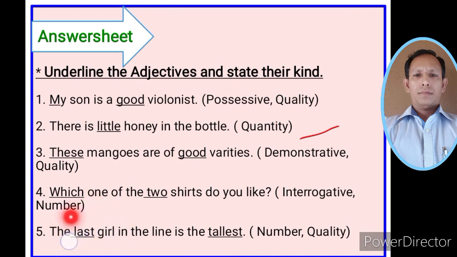There are many girls in the line. So which one? The last girl. The adjective last is showing the position of the noun girl. So it is an adjective of number. And tallest, the tallest girl, the adjective tallest is showing some quality of the noun girl. So it is an adjective of quality.